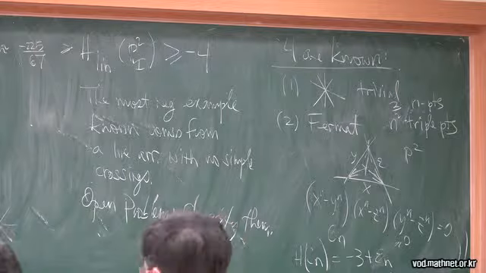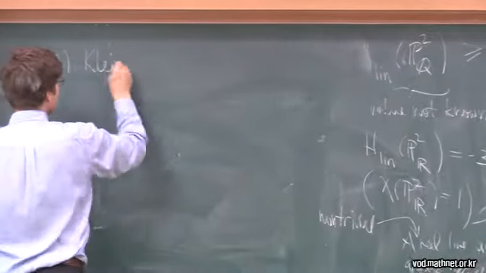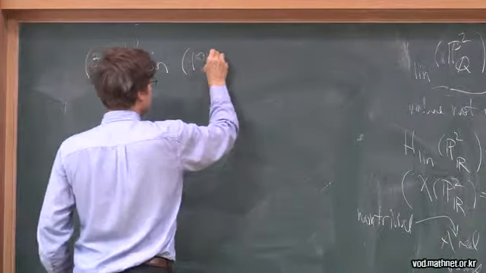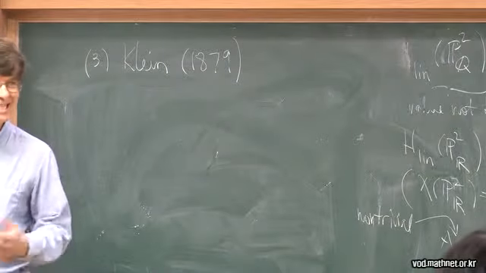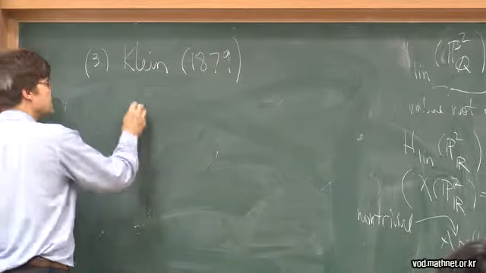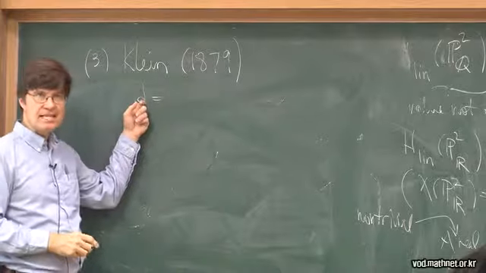And so the two more are, there's a configuration that Klein devised in 1879 consisting of, the number of lines, D, is 21.